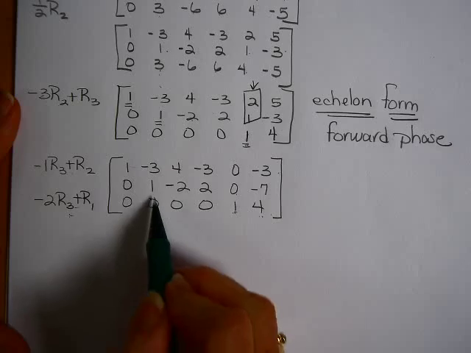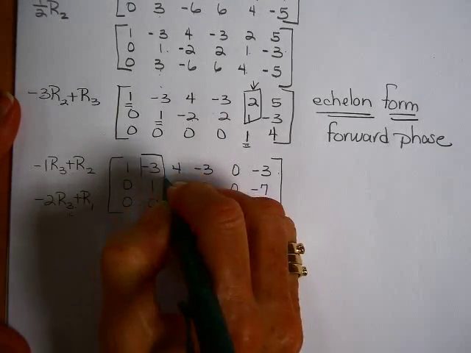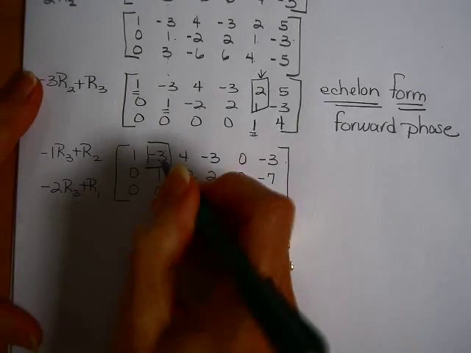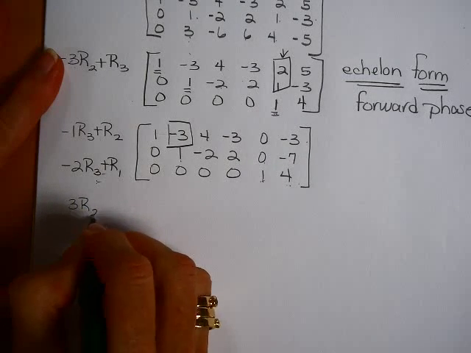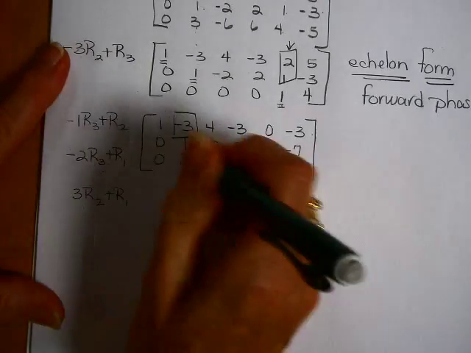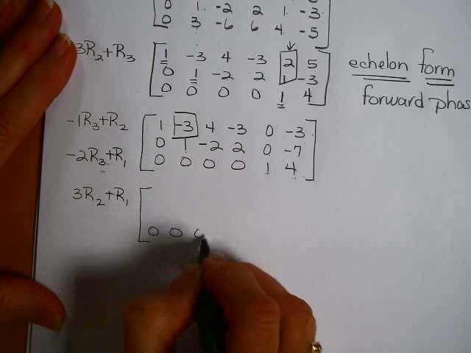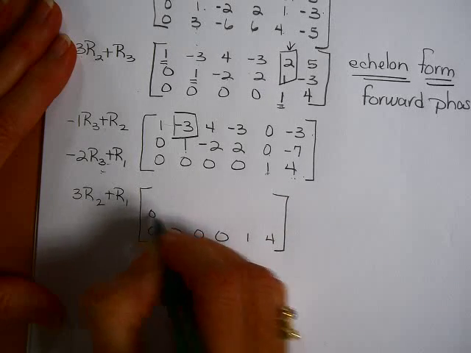Now, moving backwards, here's my next pivot. Above this pivot has got to be a 0. So to make this turn into a 0, you multiply 3 times row 2 and add it to row 1, because you're looking at that second pivot right there. So the bottom row does not change. The second row does not change.